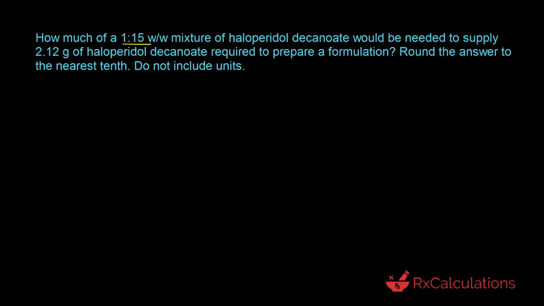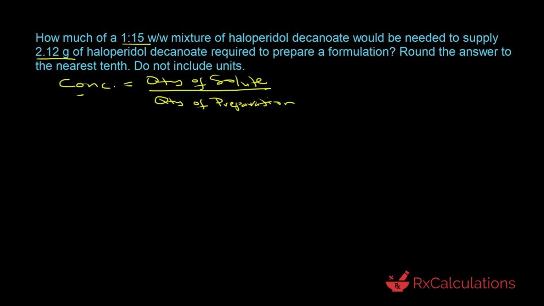We also have been given a quantity, the 2.12 grams. Now this 2.12 grams actually represents the quantity of solute in this preparation. So what the question is asking is to determine the quantity of the preparation. So we're going to essentially be using the equation concentration equals quantity of solute divided by the quantity of preparation.